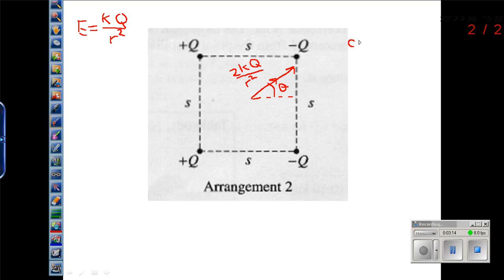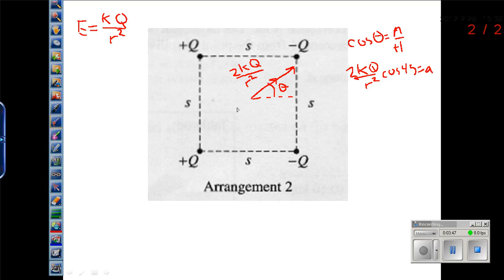So if you recall, cosine theta equals adjacent over hypotenuse. So solving for adjacent, we simply multiply cosine theta by hypotenuse. So here we would have our hypotenuse, 2kq, divided by r squared, multiplied by cosine 45, which equals adjacent.